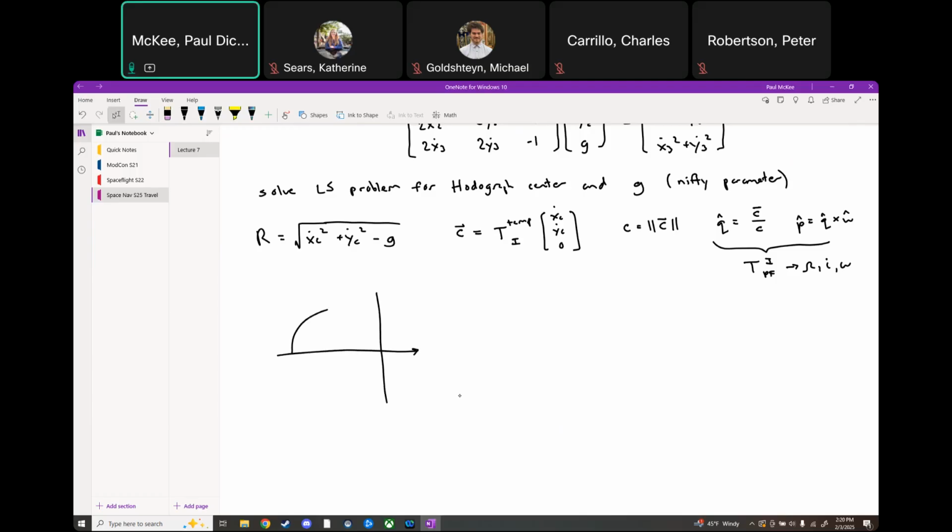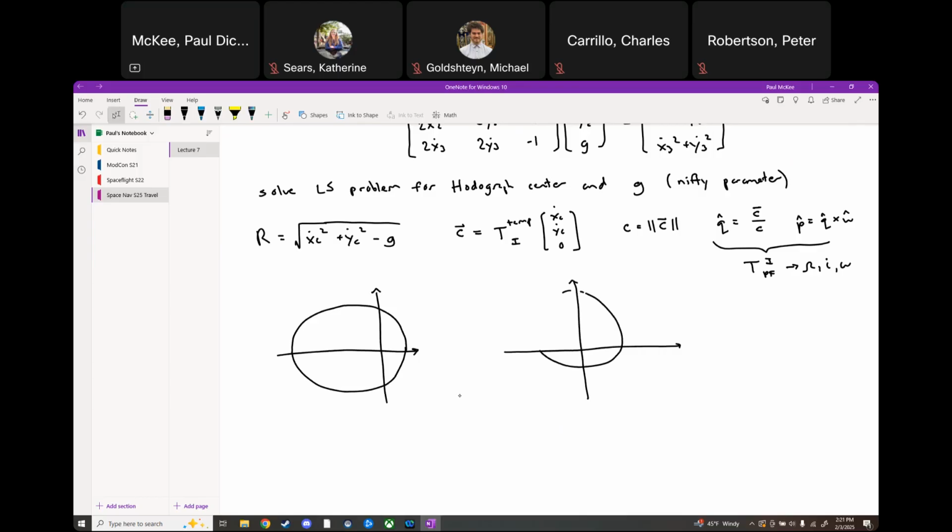If you've got an orbit ellipse, which looks like this, and you've got a corresponding hodograph, which looks like this. That's meant to be a perfect circle. I'm doing my best. And here's the P direction. Here's the Q direction. Here's the Q direction. Here's the P direction.